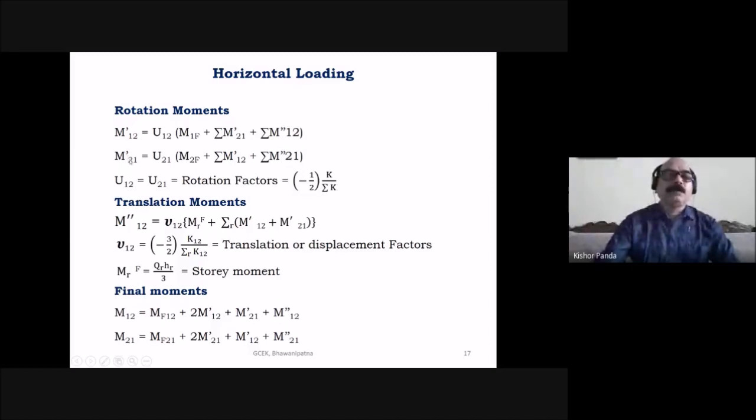Similarly, you can find out m dash 2 1 is equal to U21, the rotation factor, times (M2F, the fixed end moment of joint 2, plus the far end rotational moment m dash 1 2, plus m double dash 2 1, the sum of the translation moment).